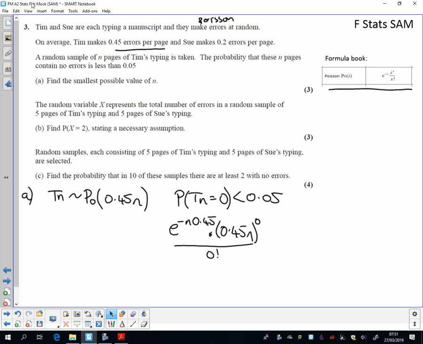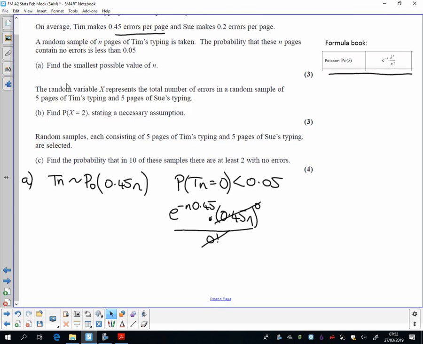Now, I actually don't need these two terms because they're both equal to 1. And what I do with inequalities like this, so that I don't make an error, because we might end up dividing by negative numbers and then we'll have to switch the inequality around, is I'm just going to make that equal to 0.05. Okay, so we've got e to the negative 0.45 n equals 0.05, and then equals ln 0.05.